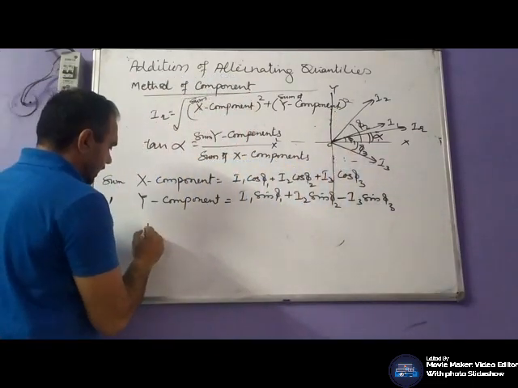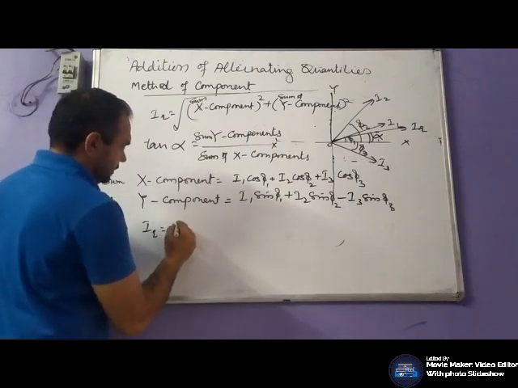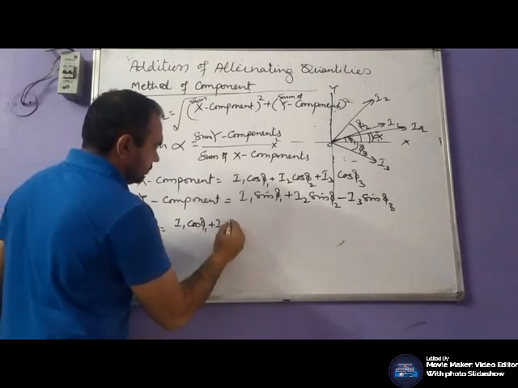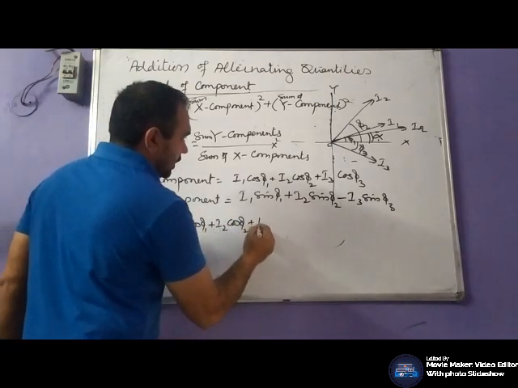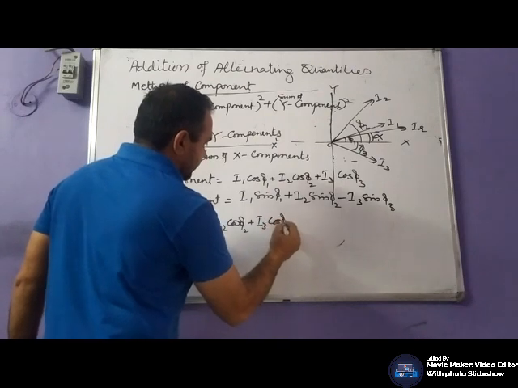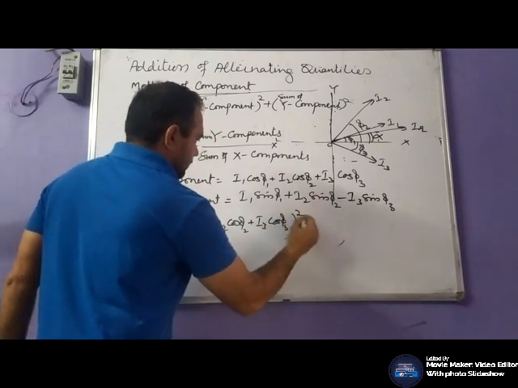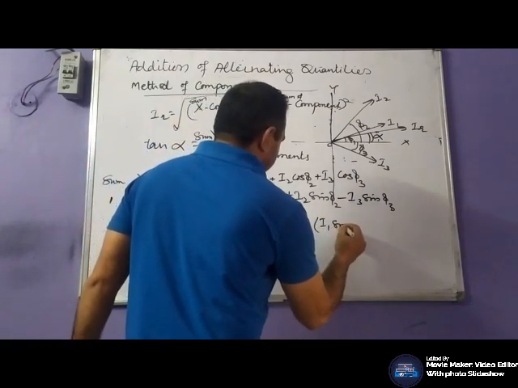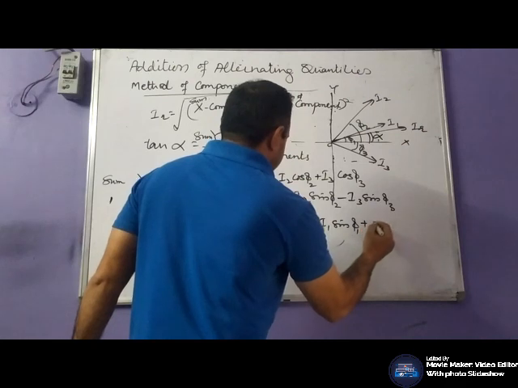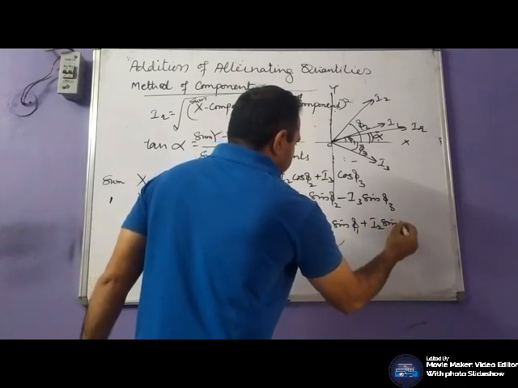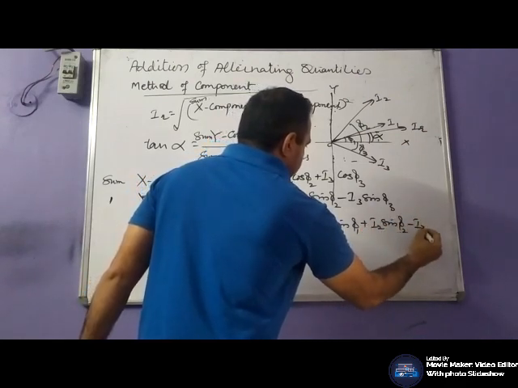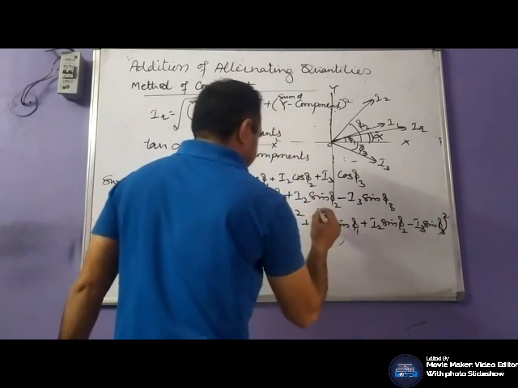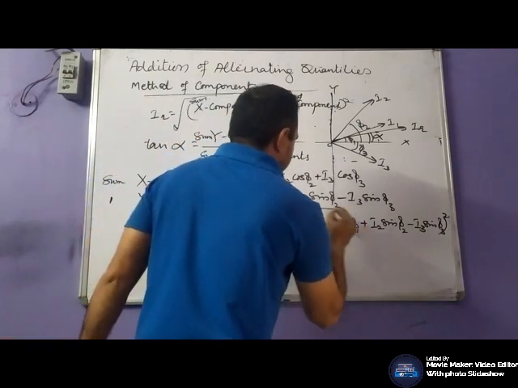Now IR is the square root of I1 cos of phi 1 plus I2 cos of phi 2 plus I3 cos of phi 3, all squared, plus I1 sine of phi 1 plus I2 sine of phi 2 minus I3 sine of phi 3, all squared.